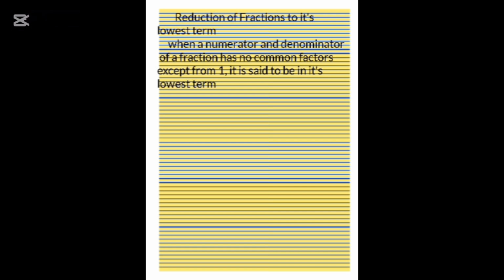If you don't understand the English, let's break it down. It says when a numerator and denominator of a fraction have no common factors except 1, it is said to be in its lowest term.